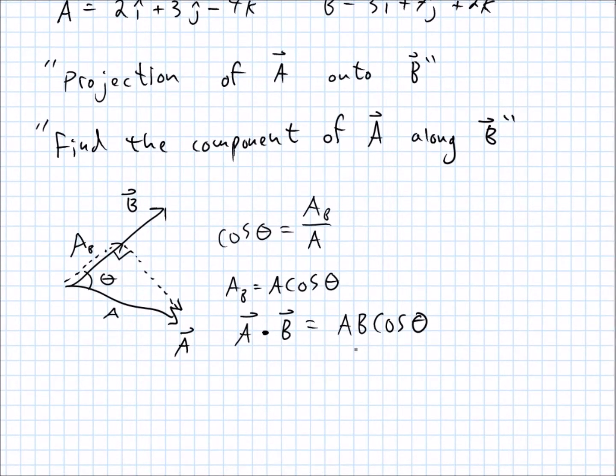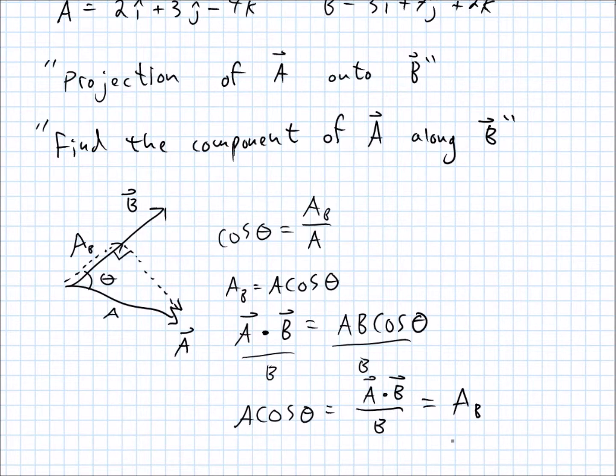So if I simply divide both sides by the magnitude of B, I get that A cosine theta is equal to A dot B over the magnitude of B. And A cosine theta is what I'm looking for, which is the projection of A onto B, or the component of A along B.